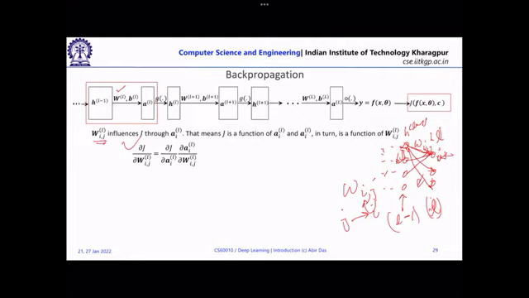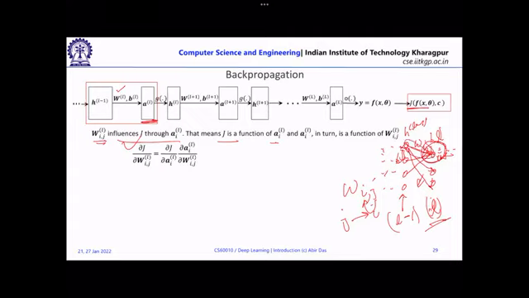And that AI in turn, with a series of other operations, basically gives you the J. So this is one way of looking at it. Another way is that J is a function of AIL, and this AIL is in turn a function of Wij.